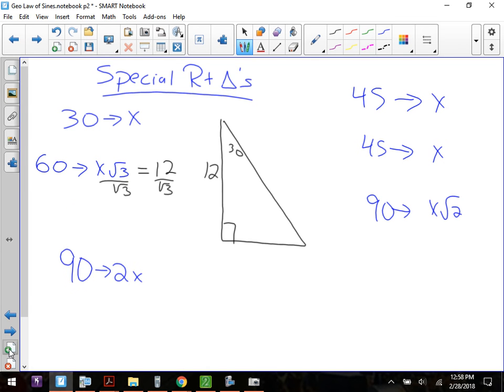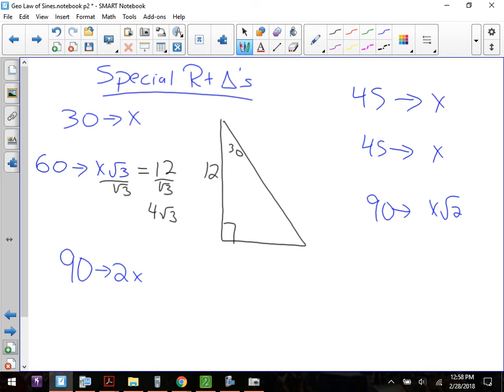When you do that, you're going to get 4 root 3, I believe. Or use your calculator so you can verify. That's, again, what the value of x is going to equal.